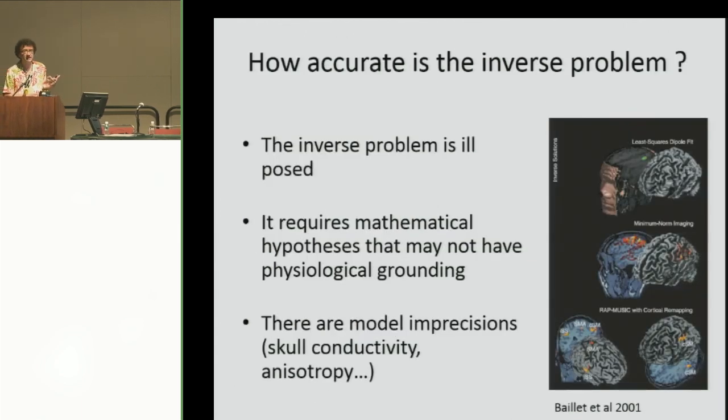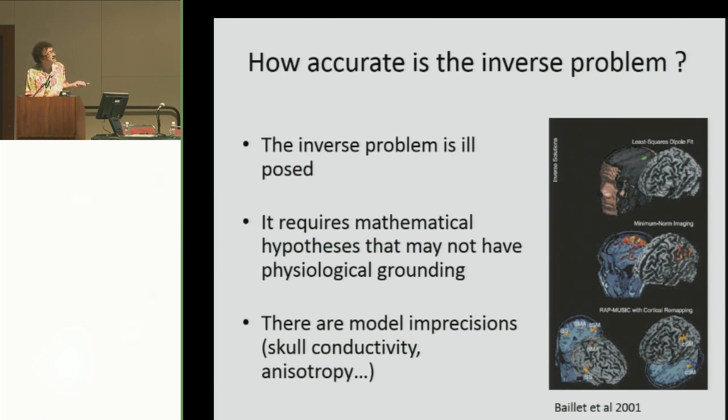Another important question is the accuracy of the inverse problem. As a reminder, the inverse problem goes from the surface to the sources. As you know, it is an ill-posed mathematical problem, which requires strong hypotheses to solve it, and they may not have a physiological background.